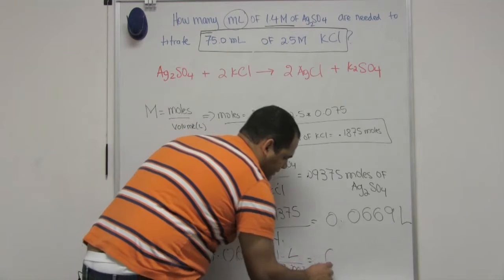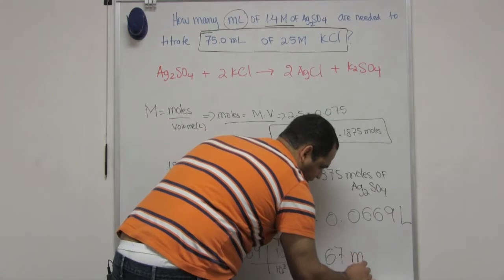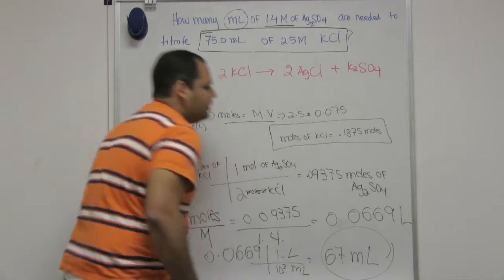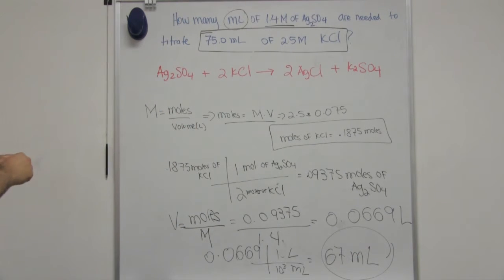So this is 67 milliliters. So I need 67 milliliters in order to titrate 75 milliliters of 2.5 molarity KCl.